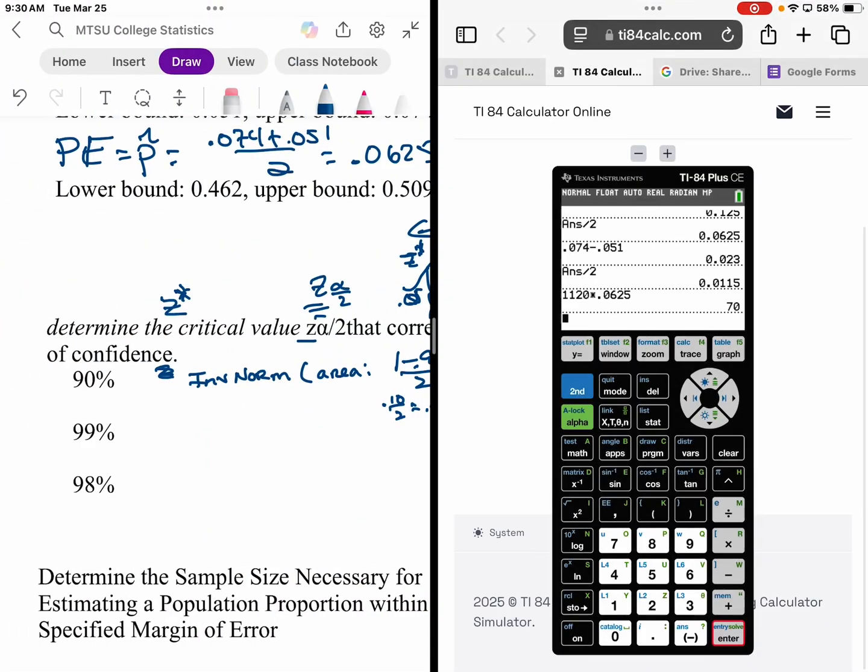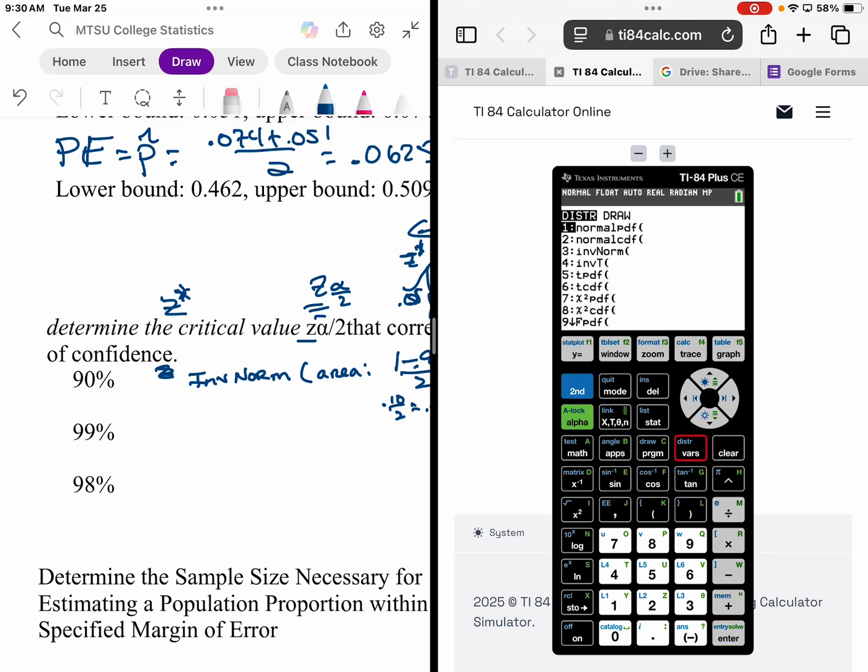And so as I get to my calculator, remember inverse norm is above the variables. It's a distribution, so second vars, option number 3. My area is 0.05. My mean is 0. My standard deviation is 1.